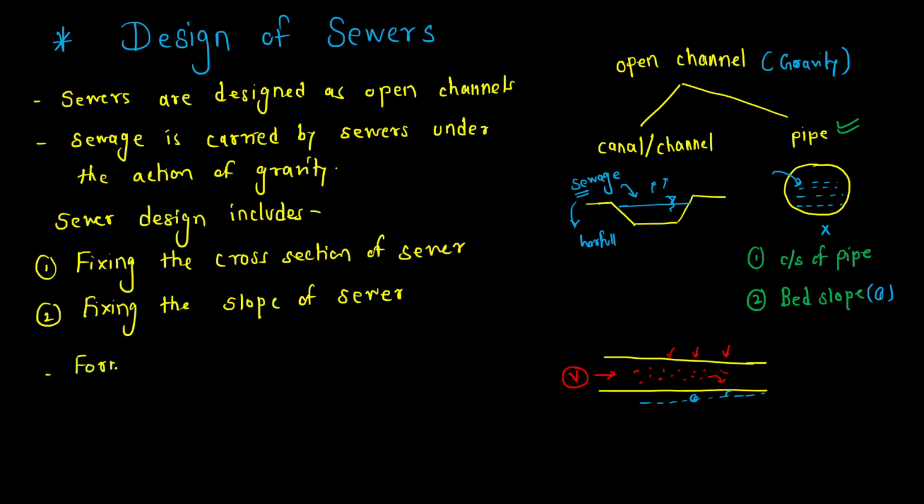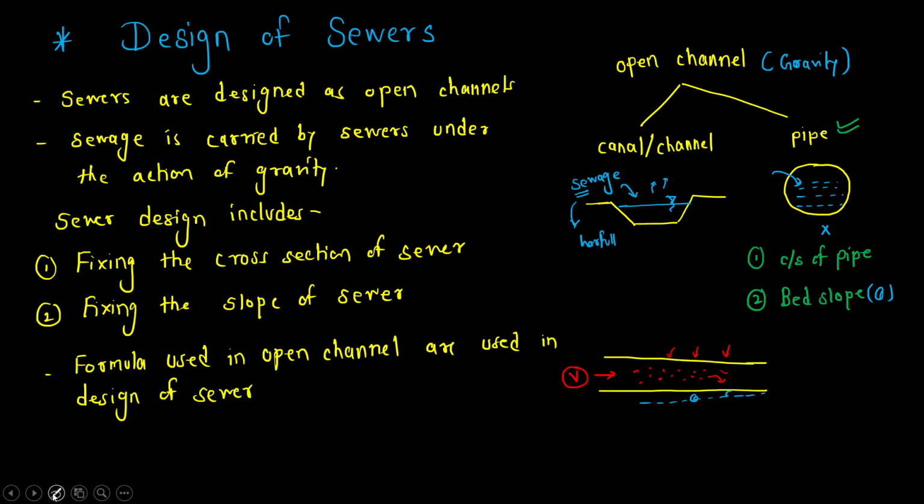So write down these two formulas used in the design of sewer. The first and most important is the continuity equation: Q is equal to area into velocity.